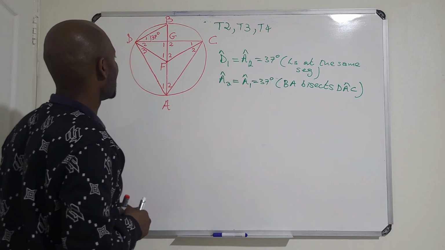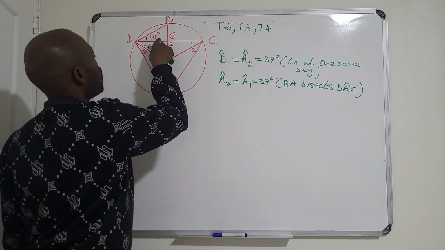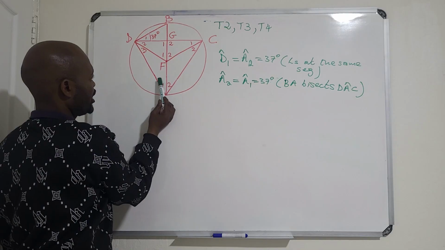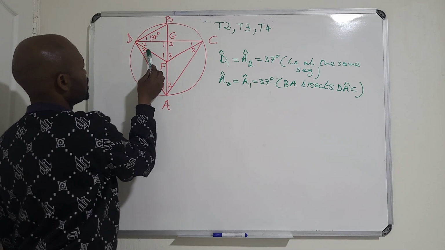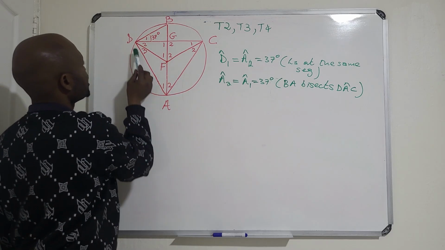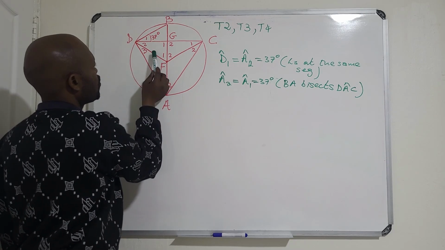Another angle that is equal to angle D1 is this angle. Since this angle here, angle A1, is equal to this angle there, since we've got an isosceles triangle, this side and this side are equal, radii.